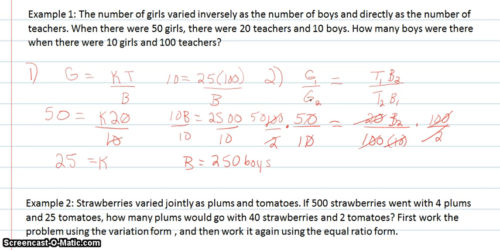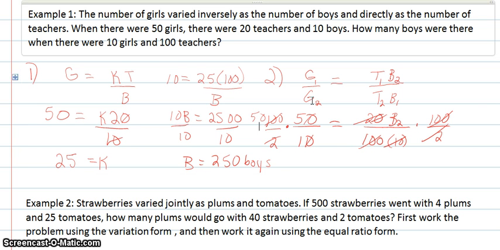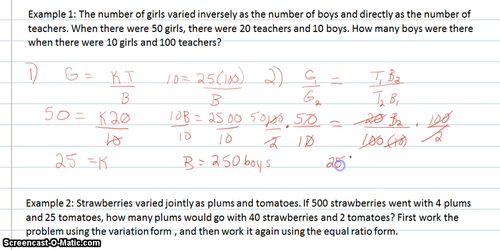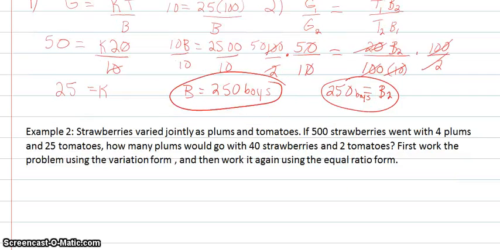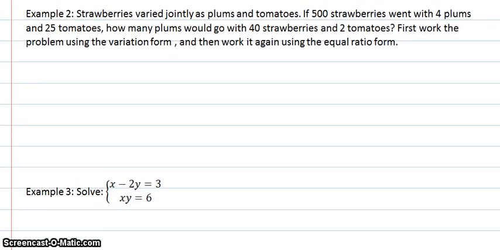Lots of canceling you can do to simplify that, but this would still be 250 boys. So either way you'll get the same answer, and sometimes one way is easier than the other depending on the information that you're given.